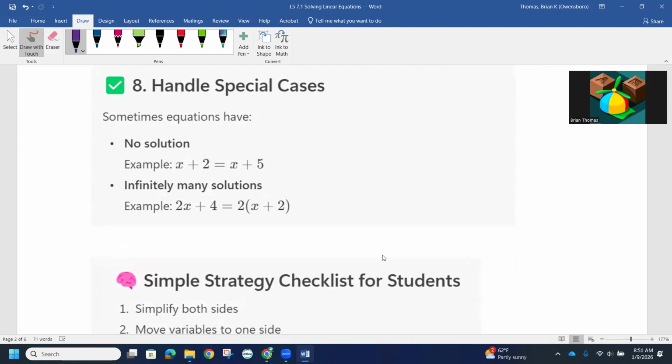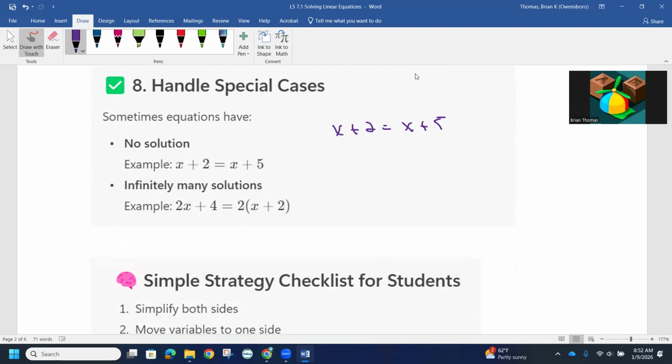There are also some situations where there is no solution or infinitely many solutions. If you look at this example here, notice how we have x plus 2 equals x plus 5. Regardless of what the variable is, this side is always going to be 3 smaller than this side.